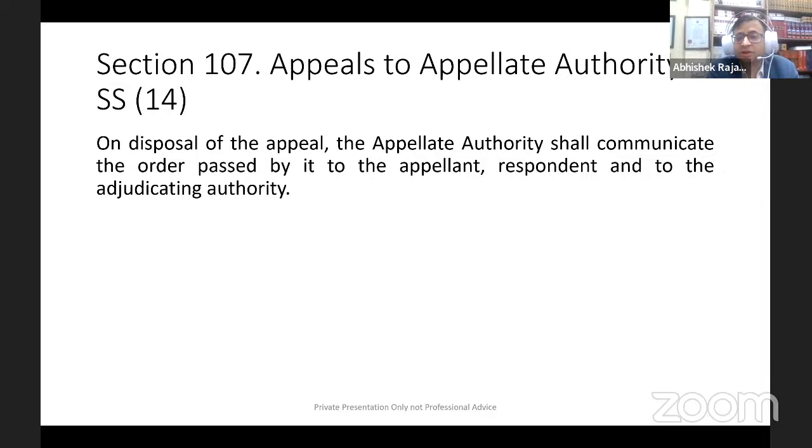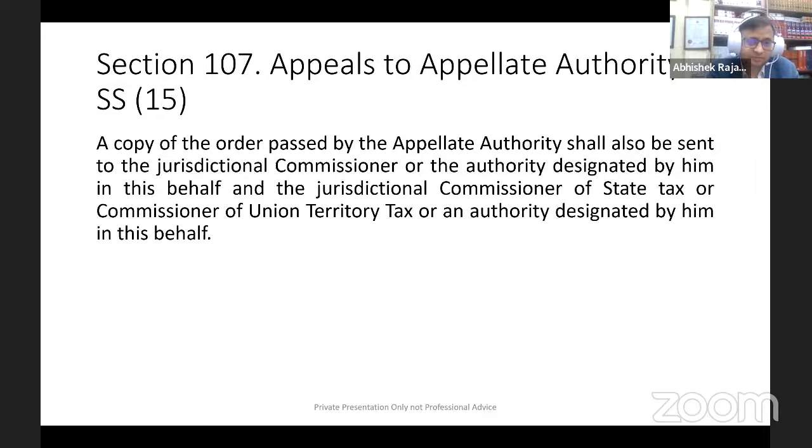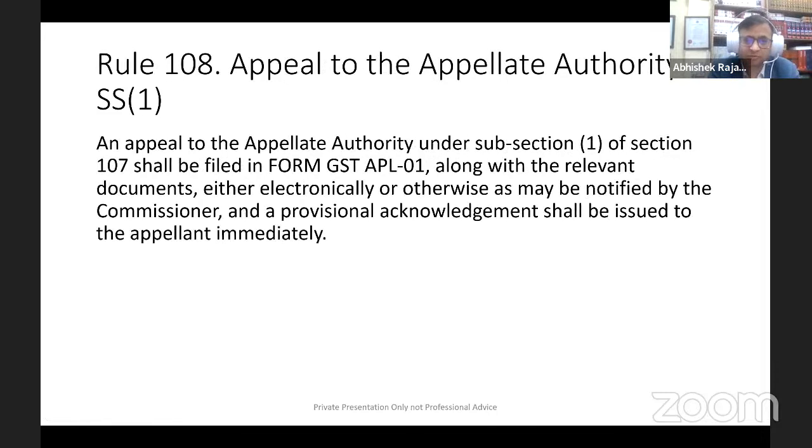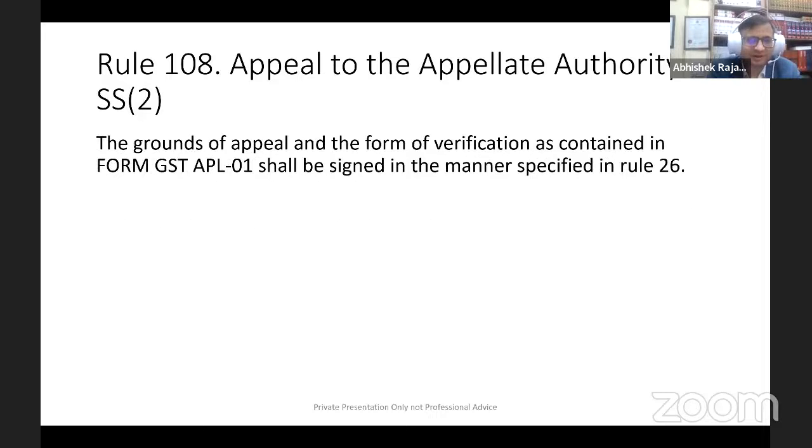So after disposal, they will send this order copy to the appellant, respondent, and the adjudicating authority. So everyone would get it, and then you can appeal in the tribunal. Of course, we don't have a tribunal right now. Yes, we have.